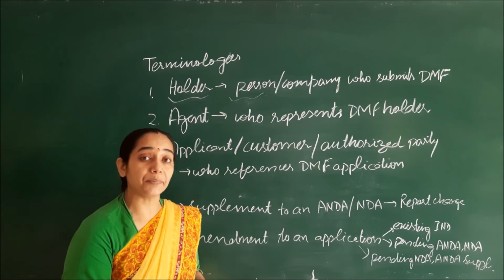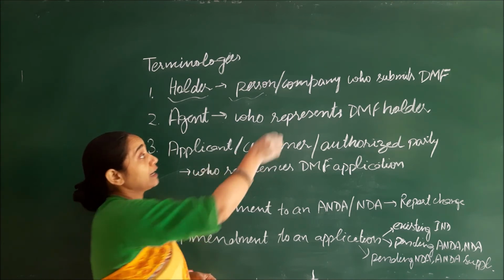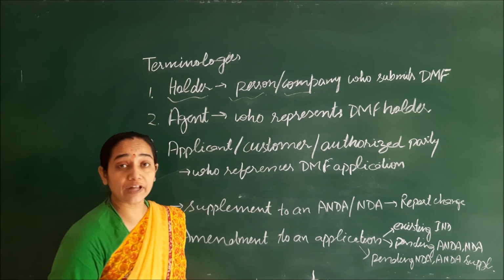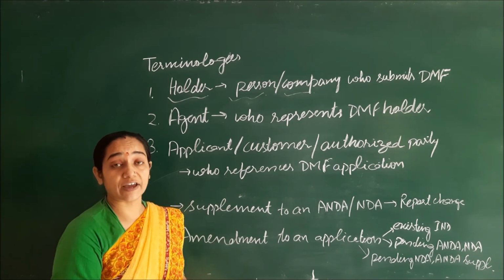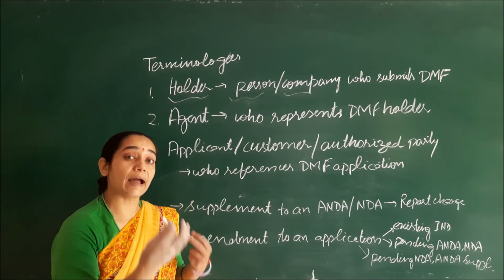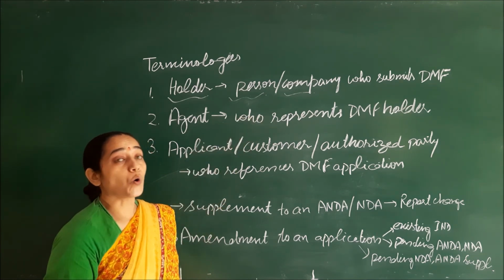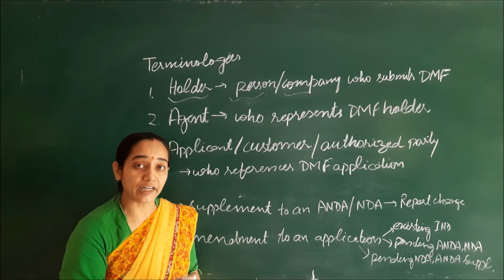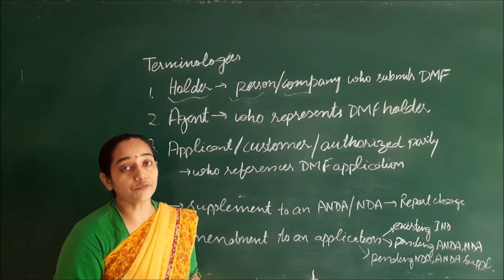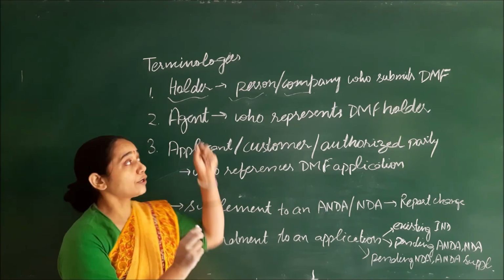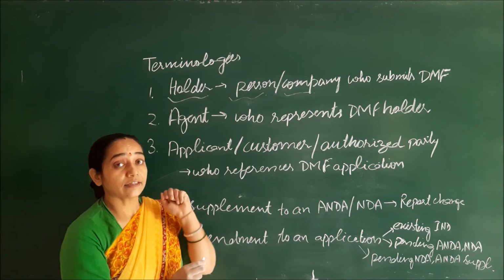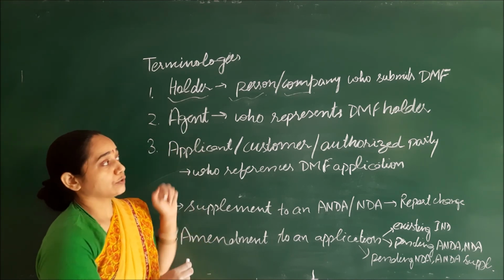If the name of the company is going, then that company is the holder of the drug master file. If the company is submitting by its name, then the company will be the holder, or if the company has authorized an individual, then that person will be the holder of the drug master file. The next thing is the agent.